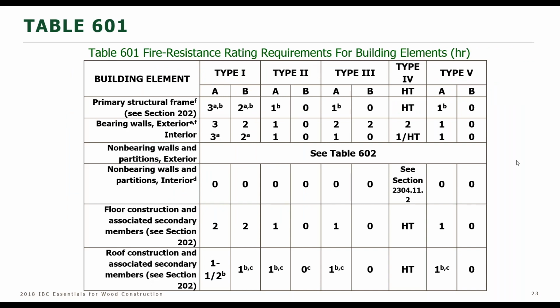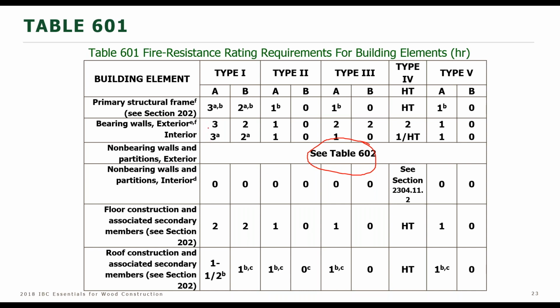We got table 601. So type 3, infill walls, non-bearing walls and partitions, exterior, table 602. So the rating of a non-bearing exterior wall would only depend on its fire separation distance. That's what this is telling us here.